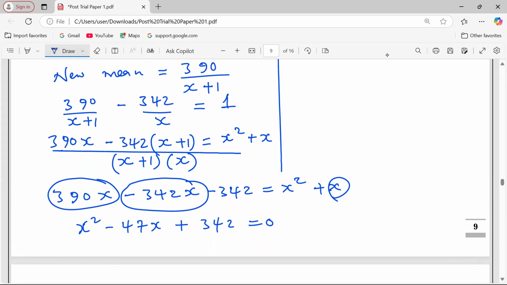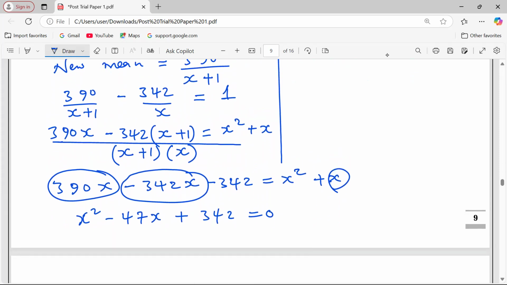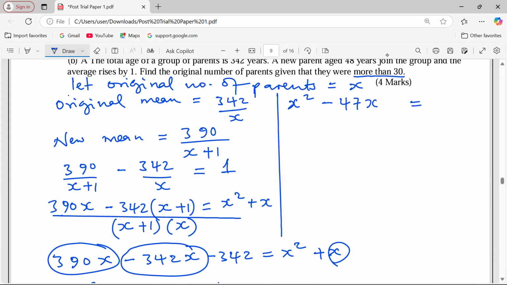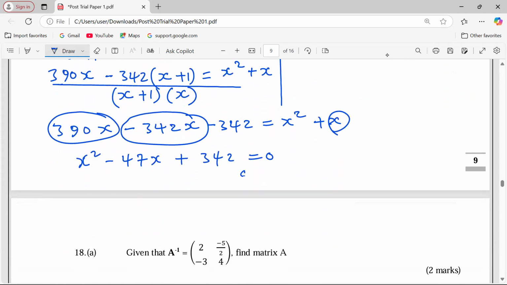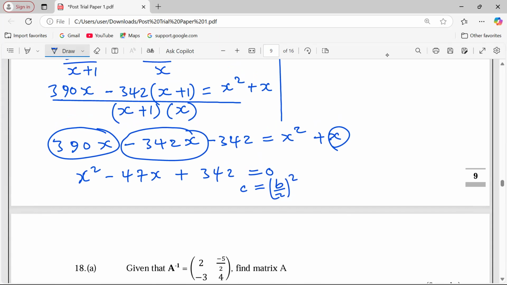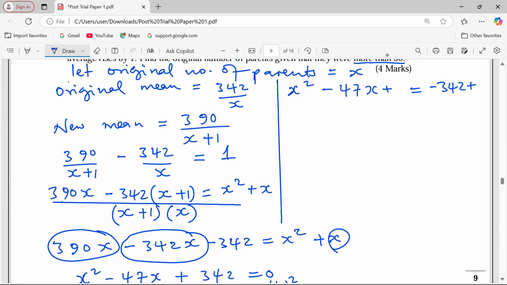Now, if I use the completing square method, I have to remain with x squared minus 47x equals negative 342. So I have to add a constant c to both sides. And how do we add this constant? The value of b over 2 squared usually gives that constant. So what is b over 2?